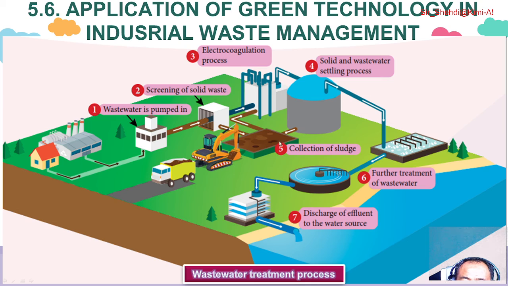This is the place where we can collect the sludge or enap cemar, either to use as fertilizer or dispose of in a proper way. Then from the settling process, we do further treatment of the waste in a water tank, tangki air.